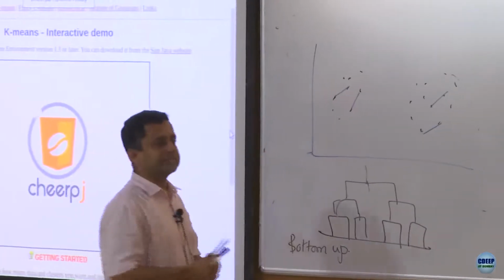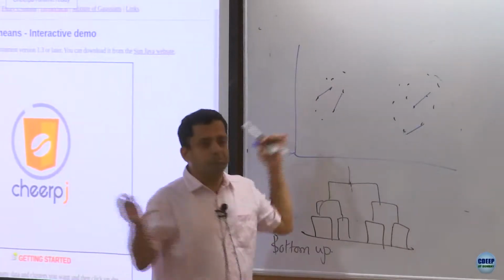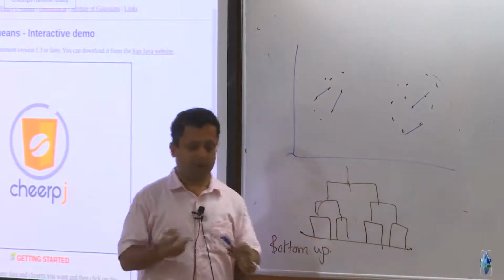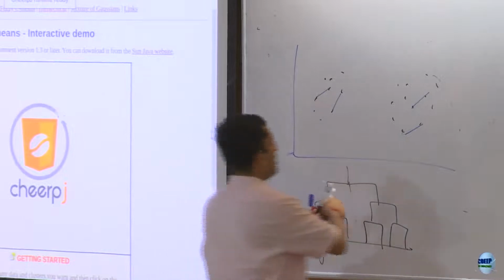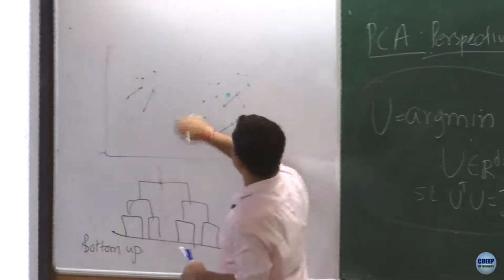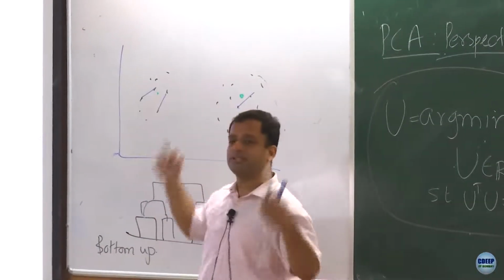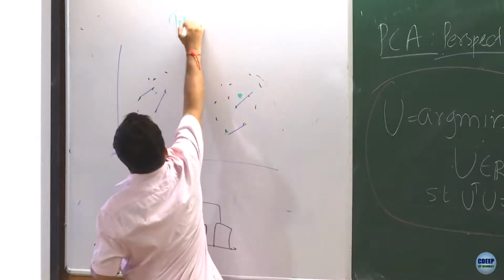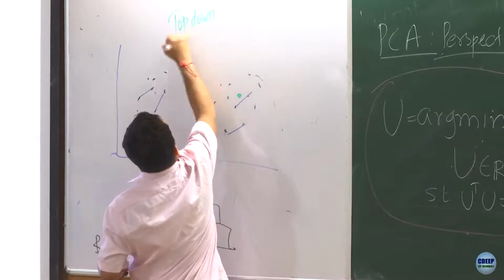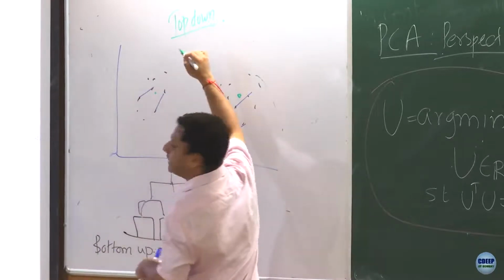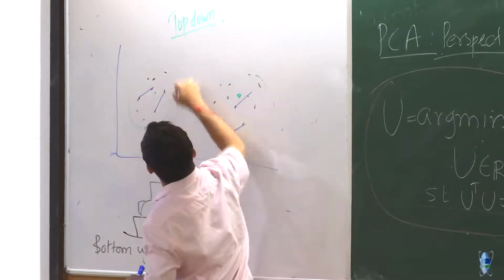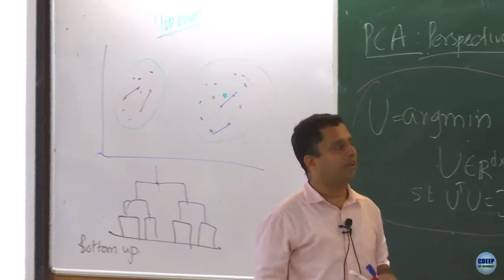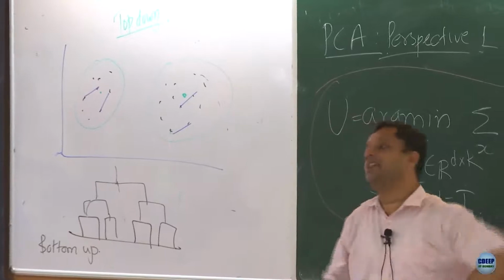What top down does, it says, well, I don't need to start with pairs of points. For example, I'll associate a mean, 2 means. So top down says I'll start with these means, I'll put together points that are close to these respective means, and in case a point is very far away, I will adjust my mean.